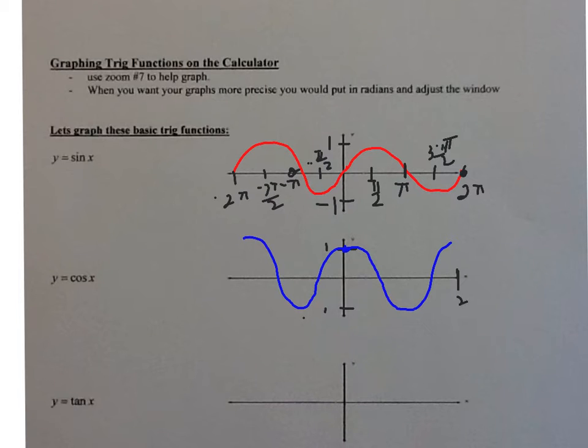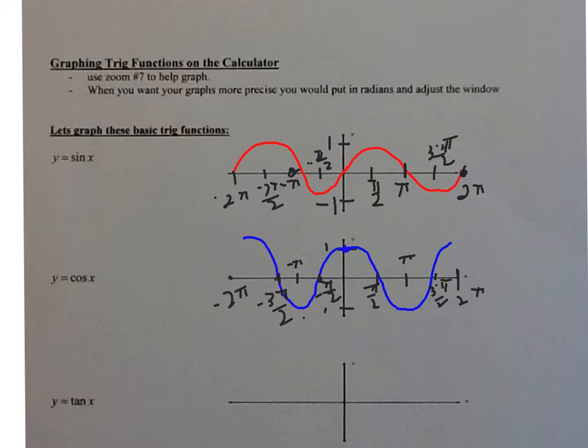So I know my end is 2 pi. Halfway in between would be pi. Negative 2 pi, in between would be negative pi. In between 0 and pi would be pi over 2, 3 pi over 2, negative pi over 2, and negative 3 pi over 2.